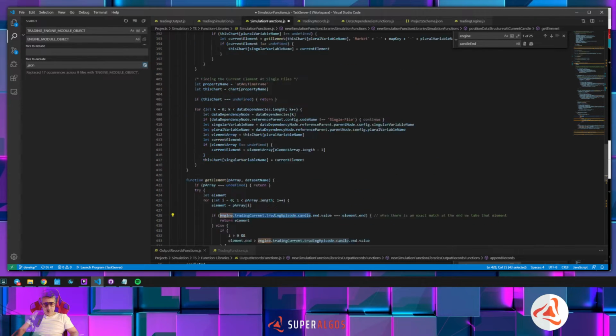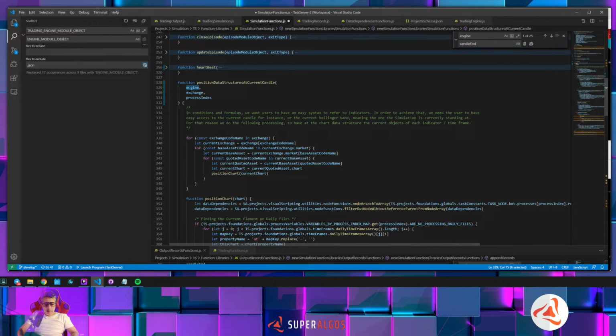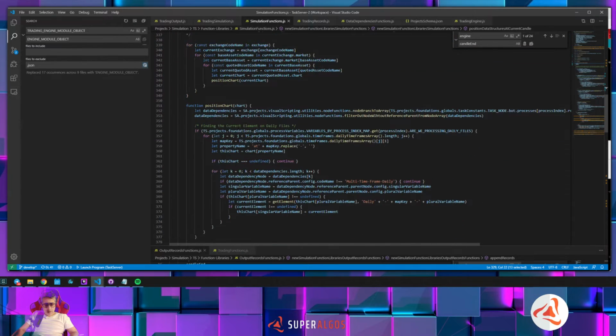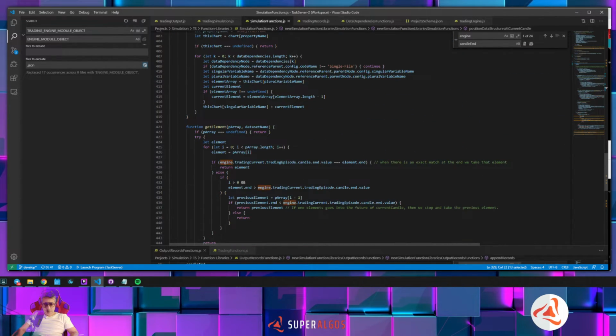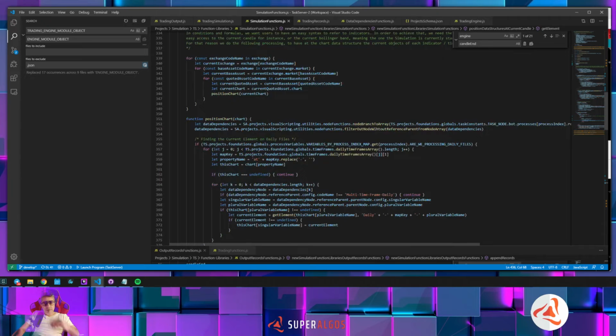And here we will replace this by episode candle. Episode candle goes in there. Okay. So now this function is done.